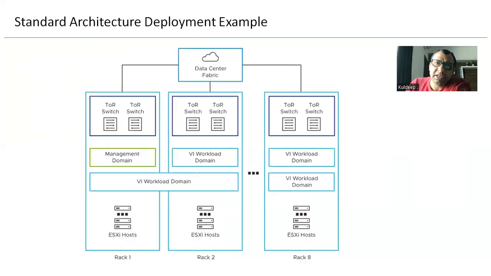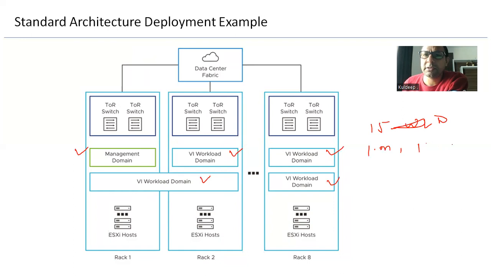Okay, so for the standard architecture deployment example, my management domain will be separate, and there could be a number of workload domains available as per the VCF limitation that we discussed in the previous video. As per the VCF limitation, there could be 15 workload domains. Out of 15, one would be your management domain, plus 14 VI workload domains where a customer would be able to run their VMs.